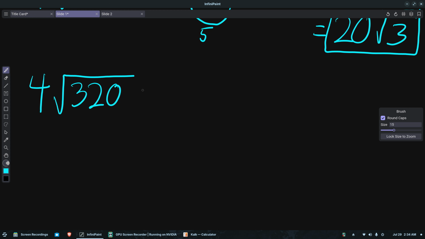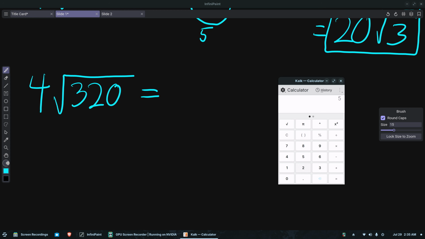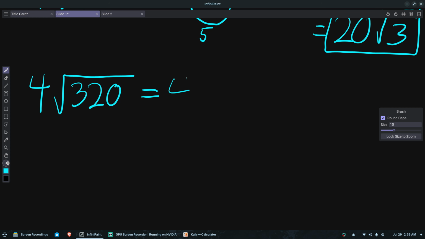Let's see what happens. So we're just going to see what that would be on the calculator. We take 320 and divide it by 16. I think that's going to give us 20. Yep. So let's say we had 4 root 16 times 20, right?